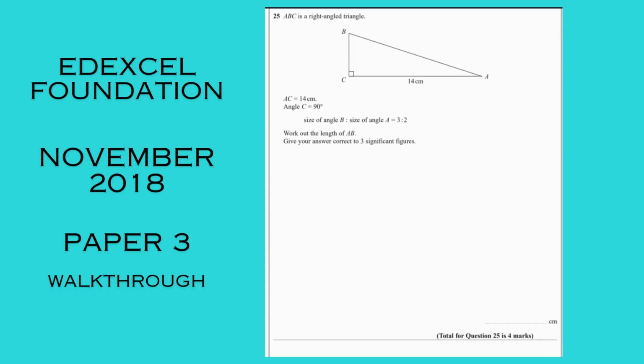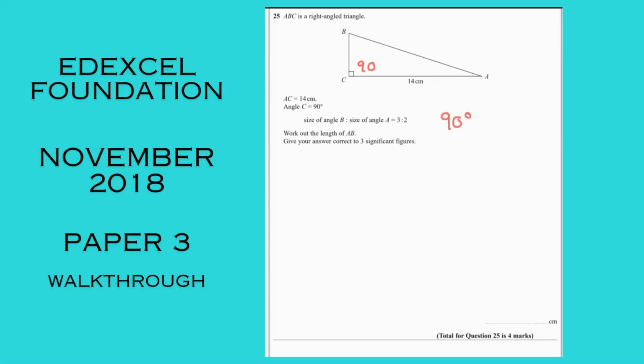As we can see, starts off looking like a standard Pythagoras or potentially SOHCAHTOA, but it's got a bit of ratio in there. So, you know that that's 90. So you know that the other two angles must also have a total of 90.